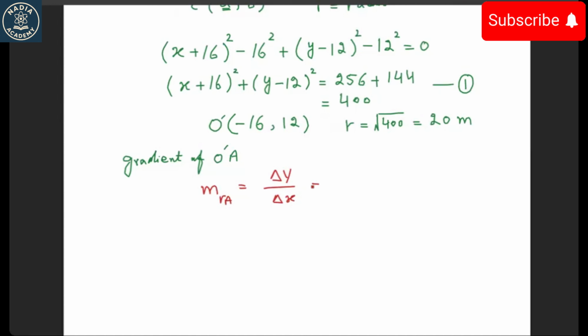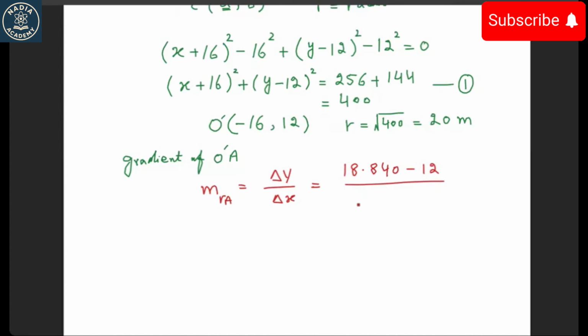So for delta y, we can see that the y coordinate of the point A is 18.840, minus 12, divided by delta x.